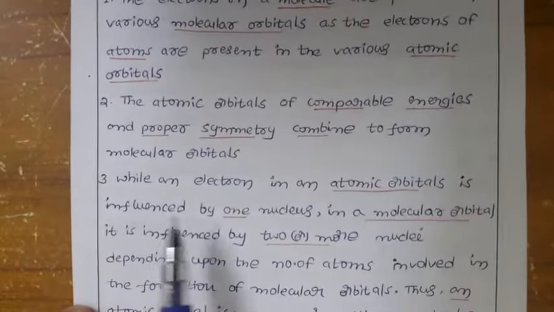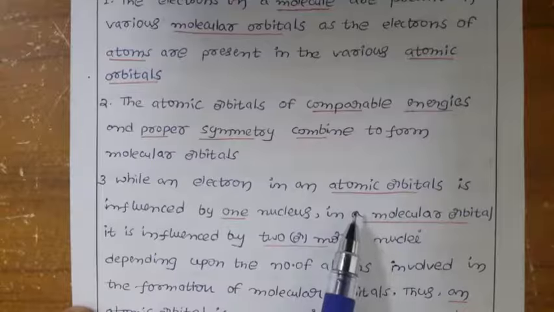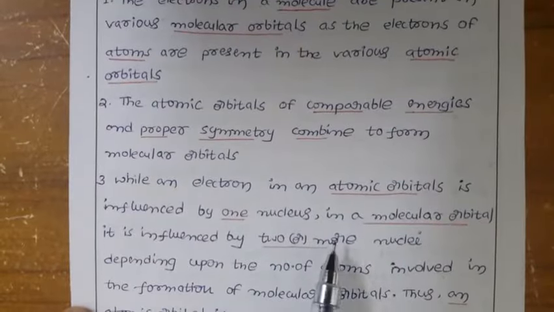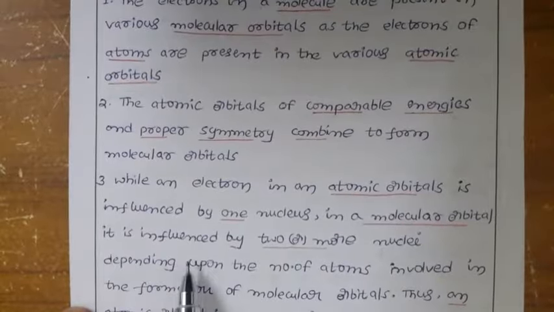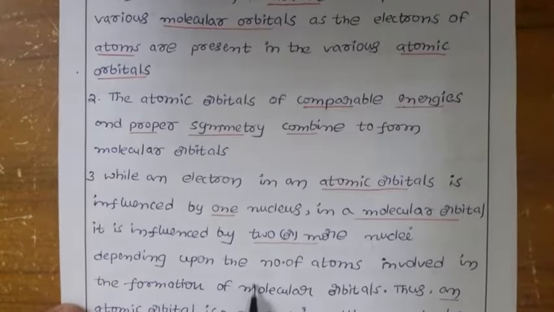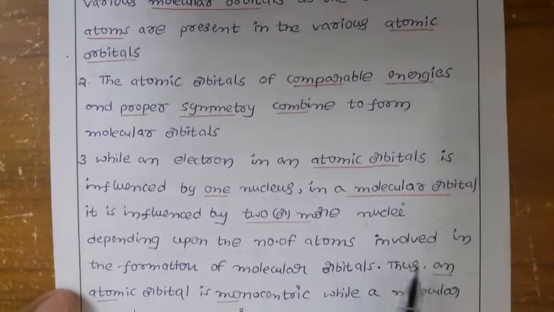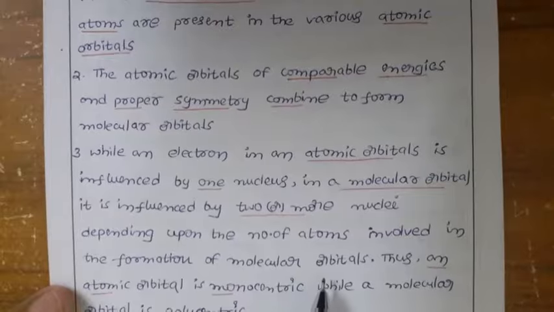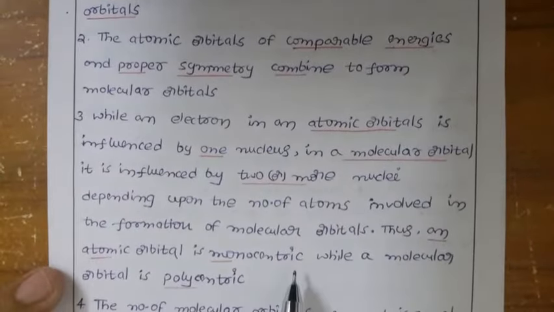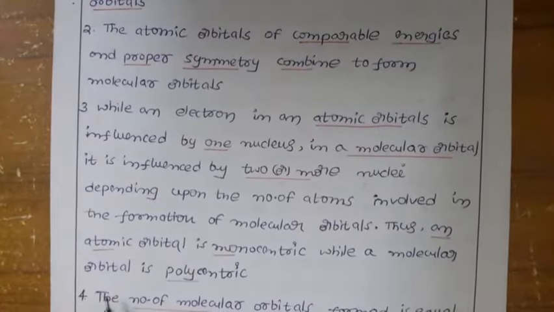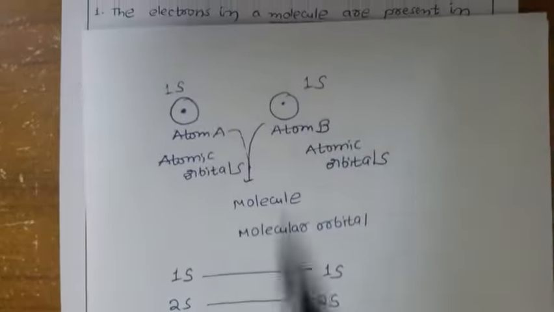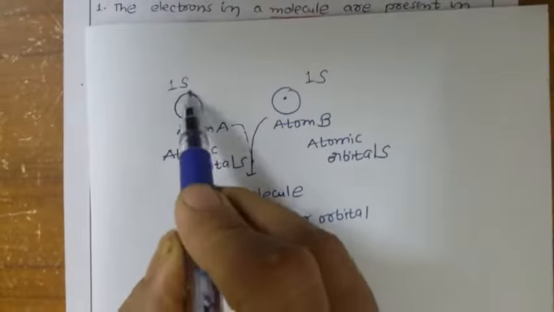Third: while an electron in an atomic orbital is influenced by one nucleus, in a molecular orbital it is influenced by two or more nuclei, depending upon the number of atoms involved in the formation of molecular orbitals. Thus, an atomic orbital is monocentric while a molecular orbital is polycentric. What is the meaning here?